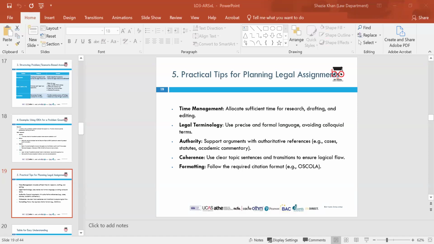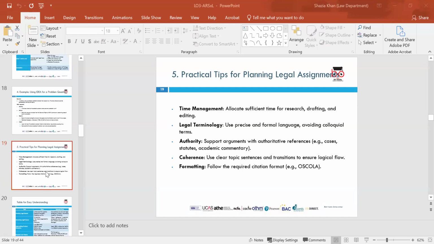Plan your time, focus on writing a perfect introduction, and support your work with authority. For coherence, make sure you have a good structure and strategies in place so that the work is well structured, because that will show how you plan your work.